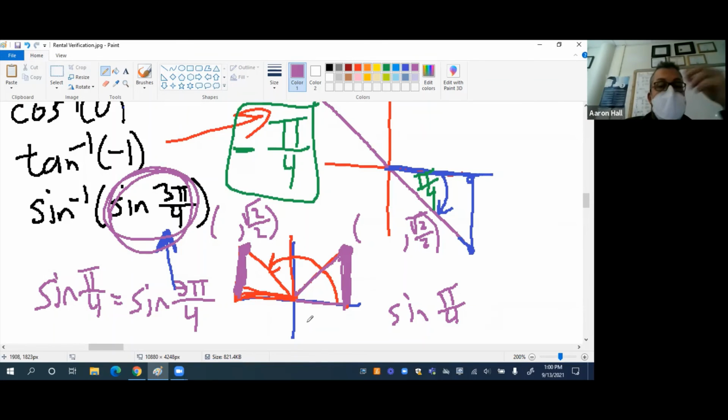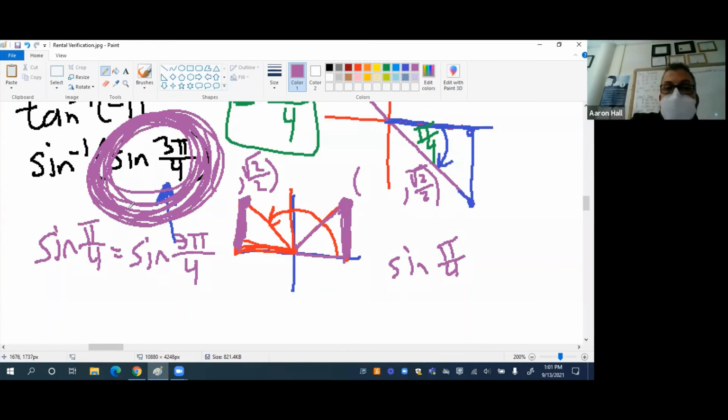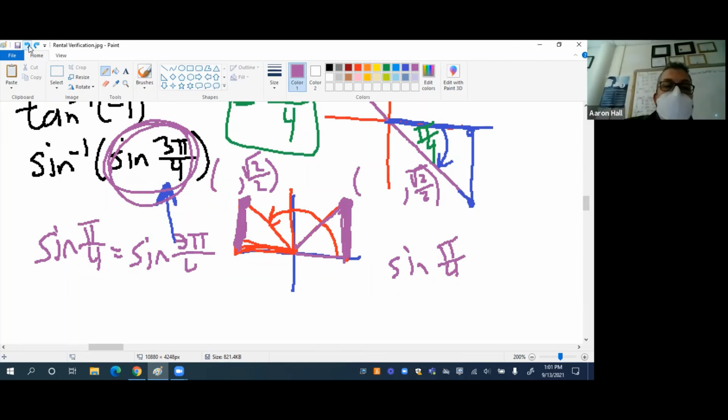So they're the same thing. So that means then, Bryn, that all of this is what? Square root of 2 over 2. Yeah, the square root of 2 over 2.